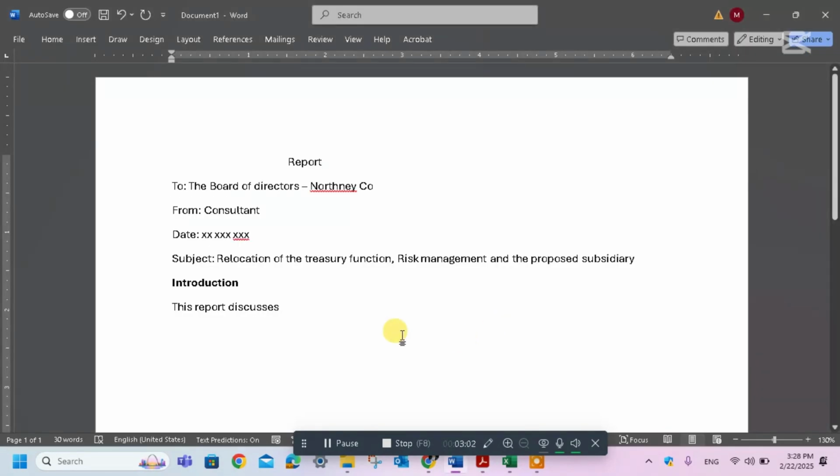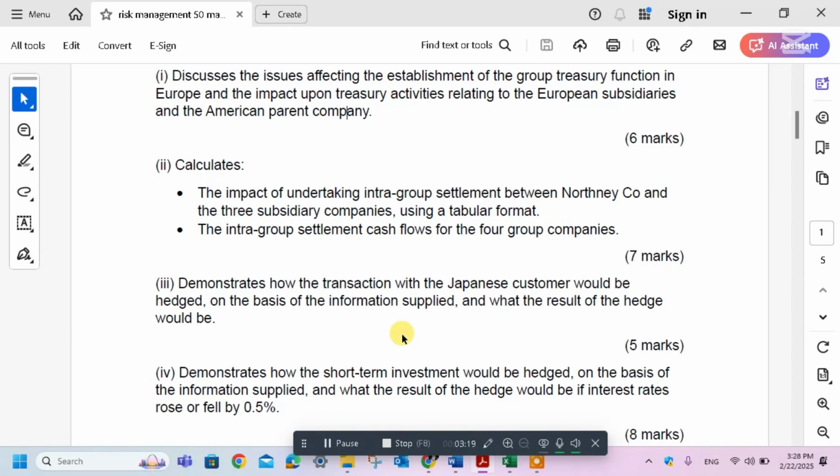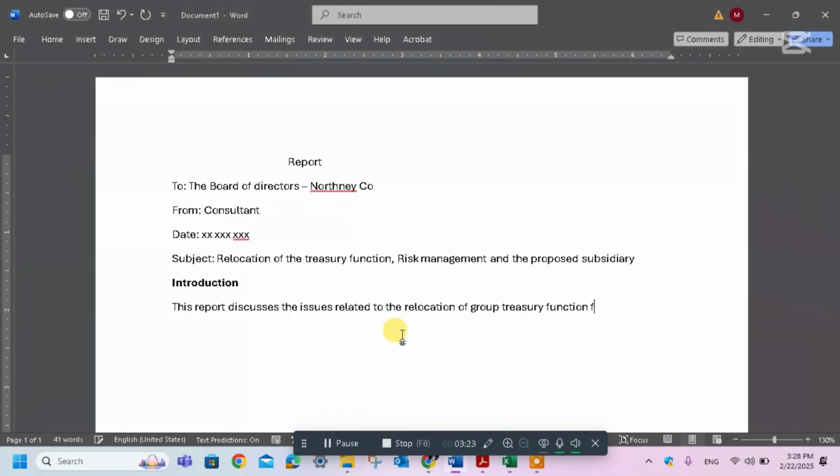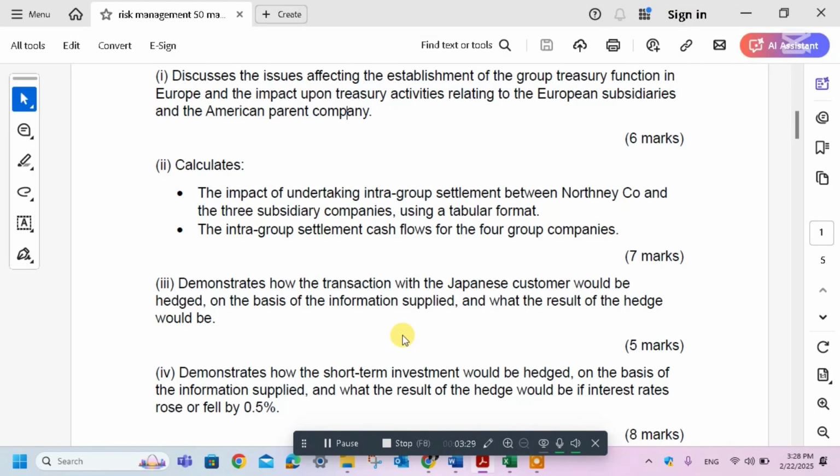Okay. So let's say the report discusses the issues related to the relocation of group treasury function from or to Europe. Okay, that covers the first requirement.